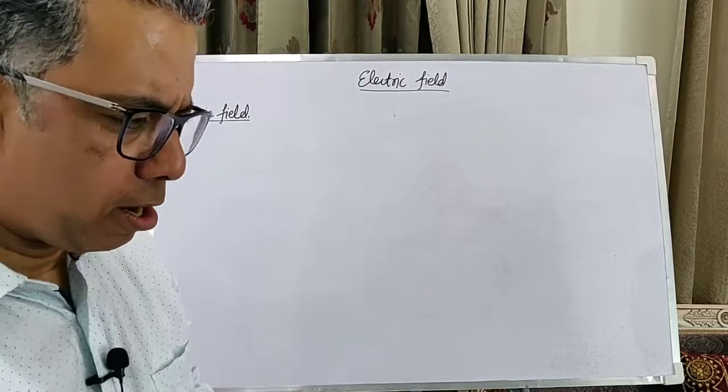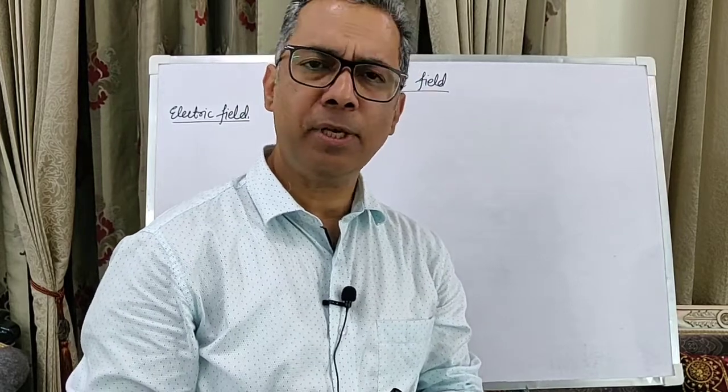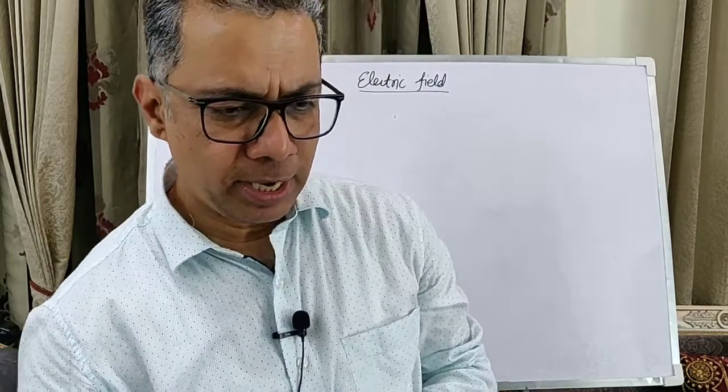Electric field around a charge or around a charged particle or a charged body is the space around it in which its electrostatic influence can be felt by other objects. So in a sense, if we have a charged particle, it creates a sphere of influence around it.